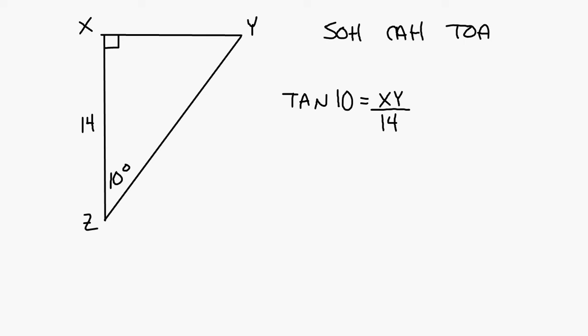If you multiply both sides by 14, you're done, because the 14's on the right cancel. So 14 times tan 10, do you get 2.46? 2.469 equals your xy. So that's 2.5, right? So this opposite side's 2.5.